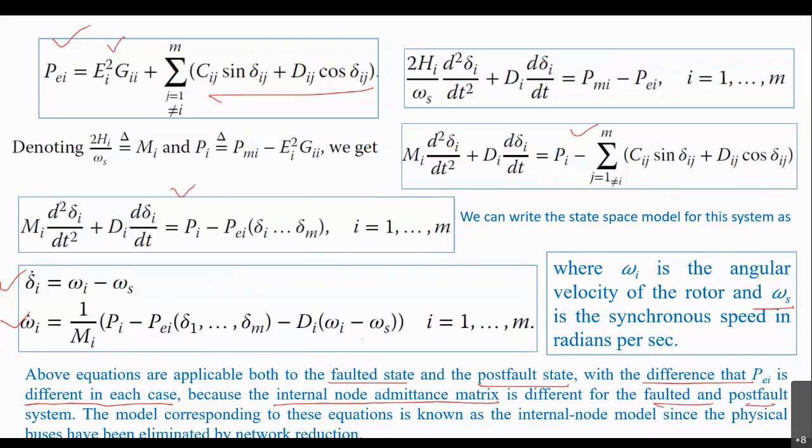So the model corresponding to these equations is known as the internal node model, since the physical buses have been eliminated by the network reduction. So physical buses are not there because they are already eliminated and the Y-bus matrix is reduced.